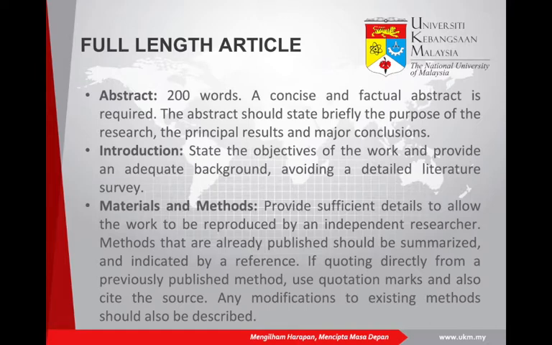If quoting directly from a previously published method, use quotation marks and also cite the source. Any modification to existing methods should also be described. You should really focus on this section. Make sure you have provided all the details required to let other people know how you actually did the measurements, the experimental setups, and everything.